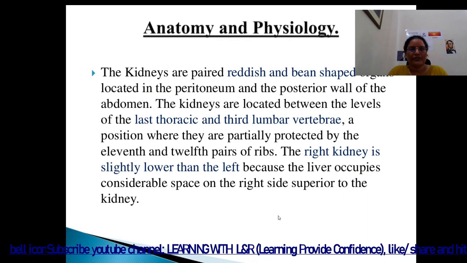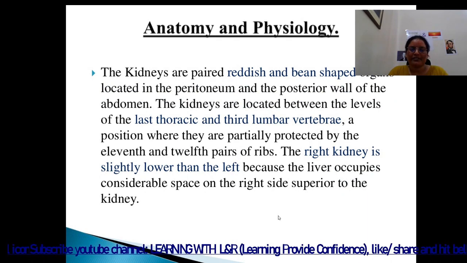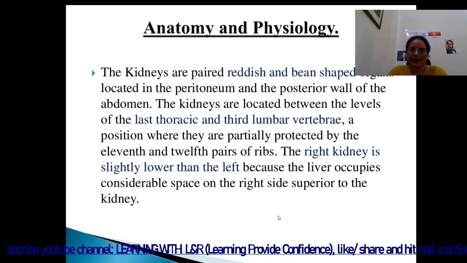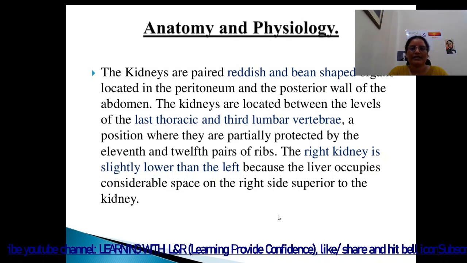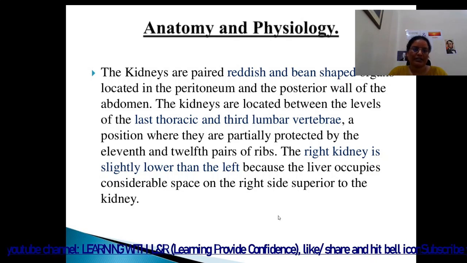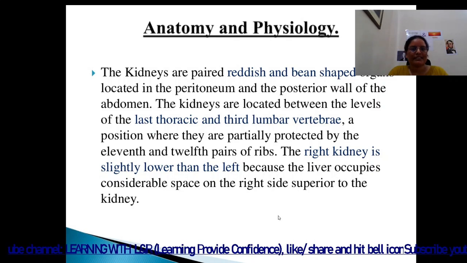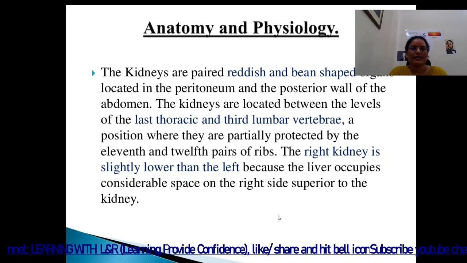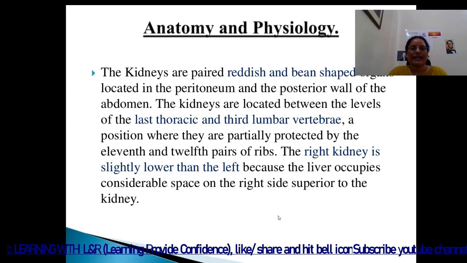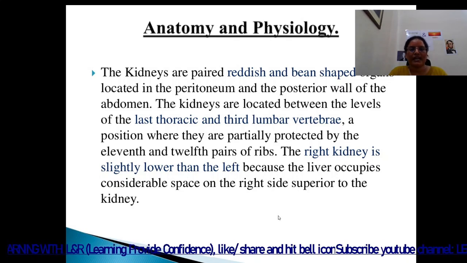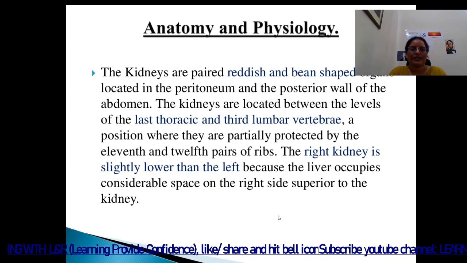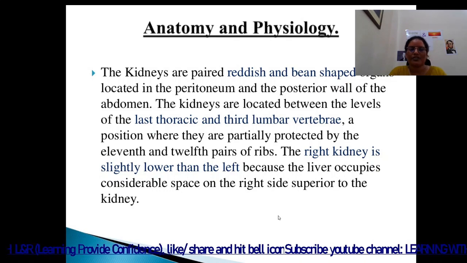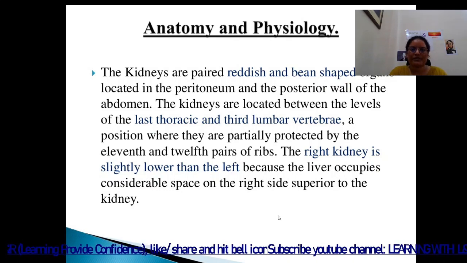First of all, we would like to know about the anatomy and physiology. The kidneys are paired. We all have a pair of kidneys. Reddish and bean-shaped organs, they are located behind the peritoneum on the posterior wall of the abdomen. The kidneys are located between the level of the last thoracic and third lumbar vertebrae, a position where they are partially protected by the 11th and 12th pairs of ribs.